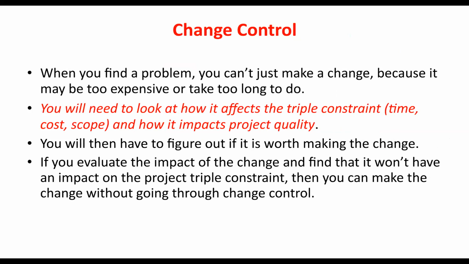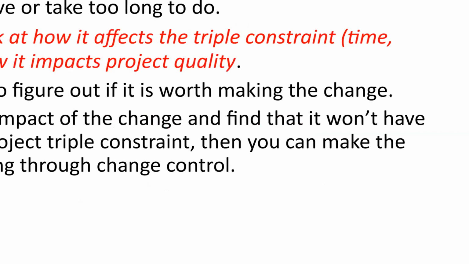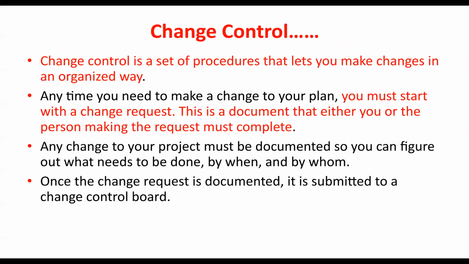That is very, very important. You'll then have to figure out if it is worth making the change or not. Once you evaluate the impact of the change and find that it won't affect the project's triple constraint, then you can make the change without going through change control.